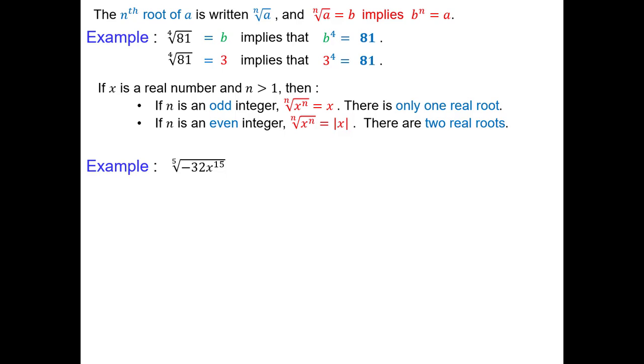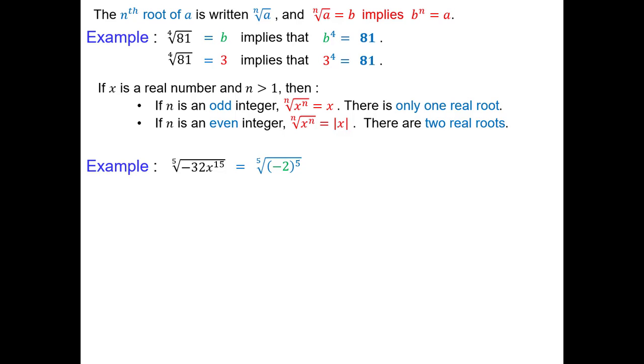So if I wanted to simplify the 5th root of negative 32x to the 15th, remember that that's saying what multiplies by itself 5 times to get us negative 32x to the 15th. So we could really break this up into 2 parts.